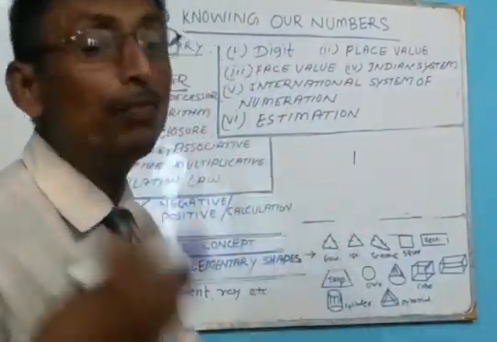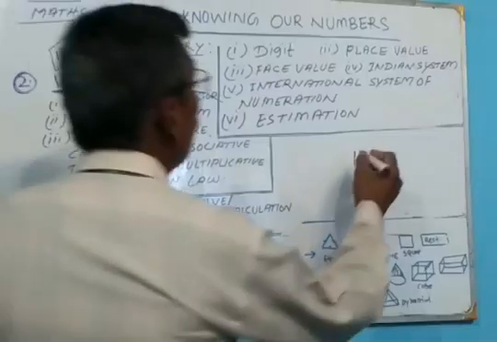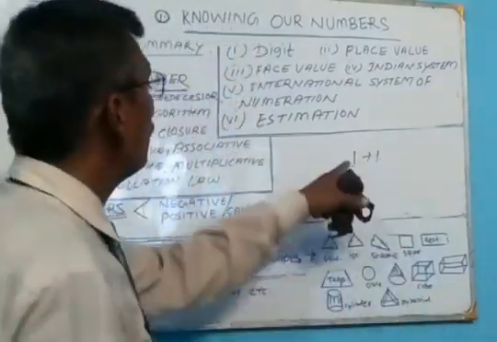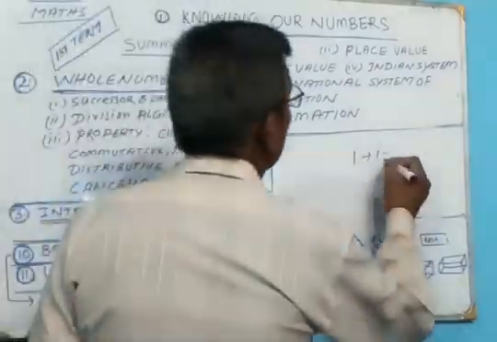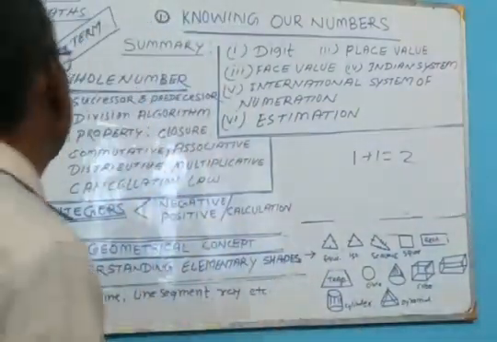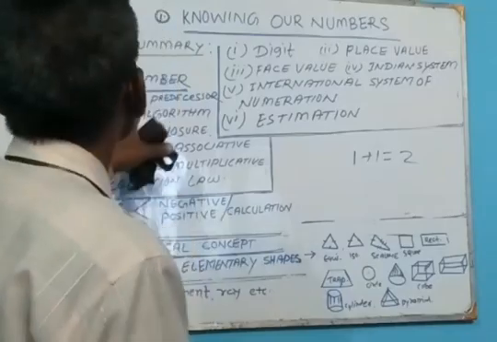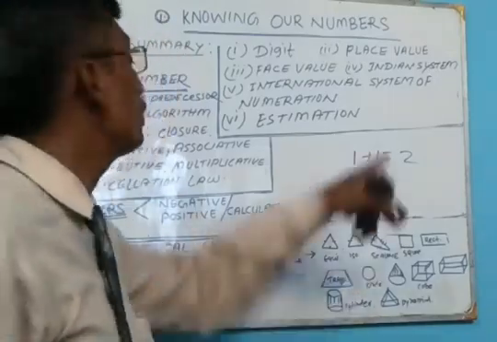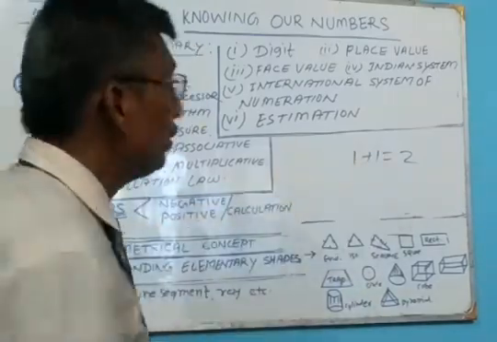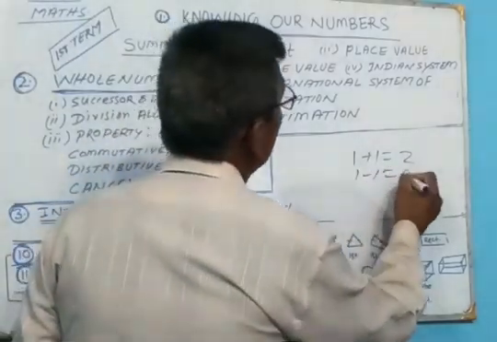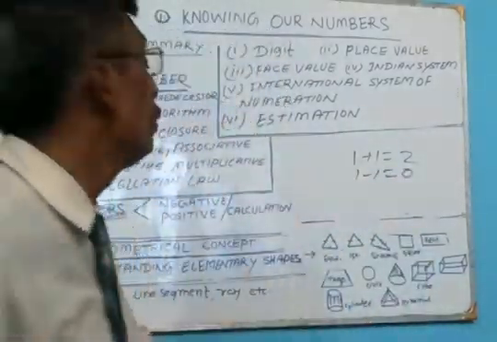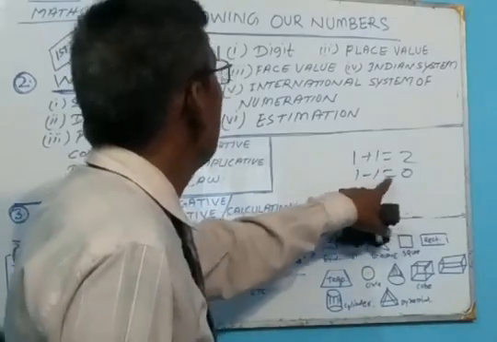What will be the successor of 1? We add 1 to the number, then we get 2. That means 2 is the successor of the number. Then when we subtract 1 from this number, that means 1 minus 1, it becomes 0. So the predecessor is 0.